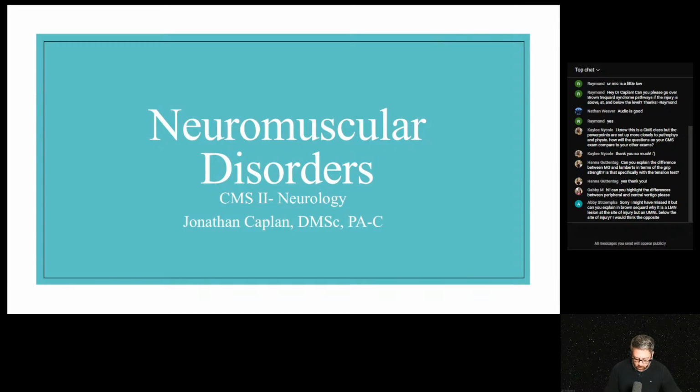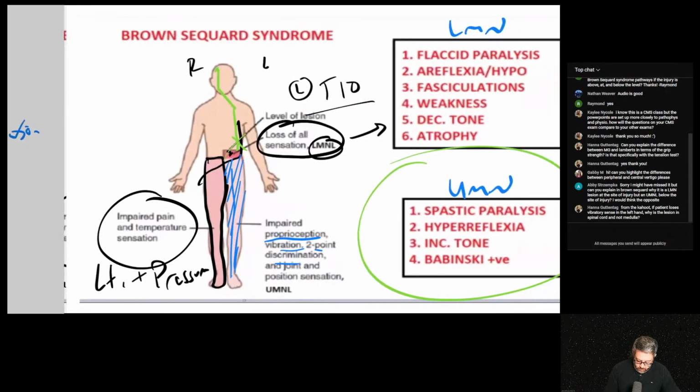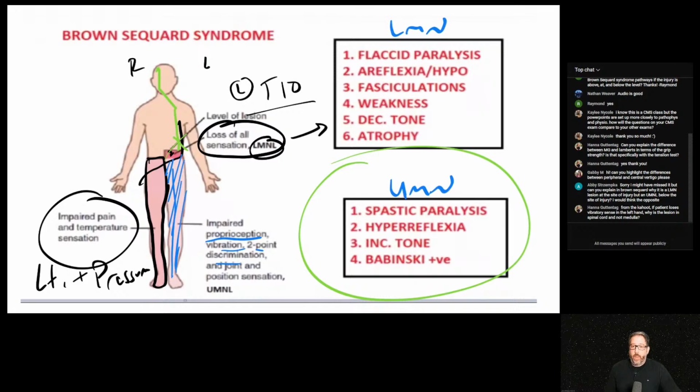Okay, so Brown-Séquard again. Pull that up. At the site, let me just add another page.